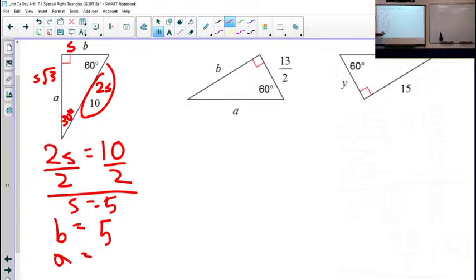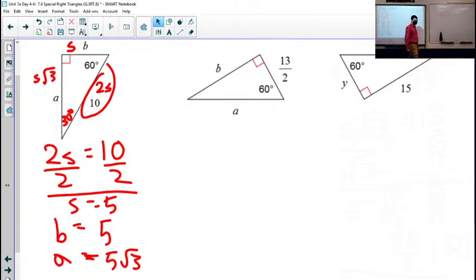And to get my long leg, all I need to do is take that short leg, which was 5, and multiply it by square root of 3. Done. And just like we did on Monday, some of you might be able to kind of jump to that in your head and say, oh, the hypotenuse is double the short leg, so if 10 was my doubling, then that means that 5 is what I had to start with.